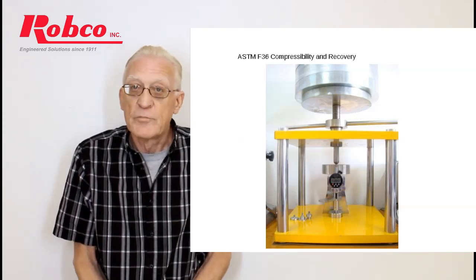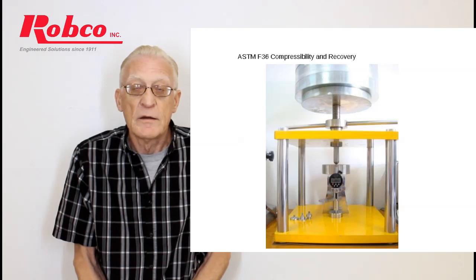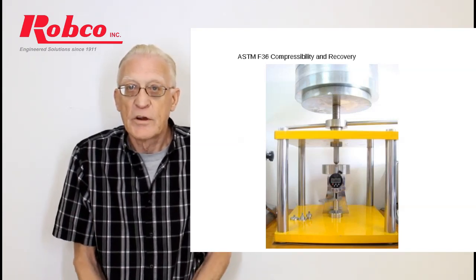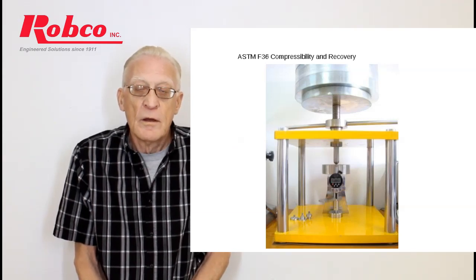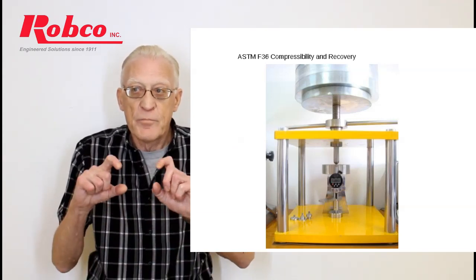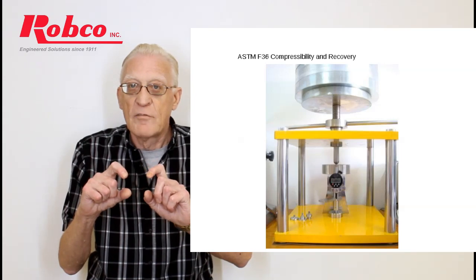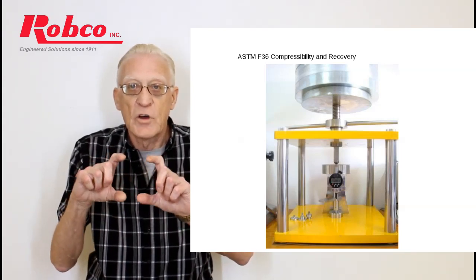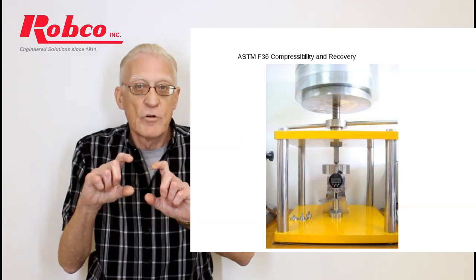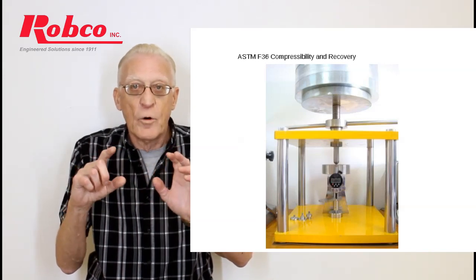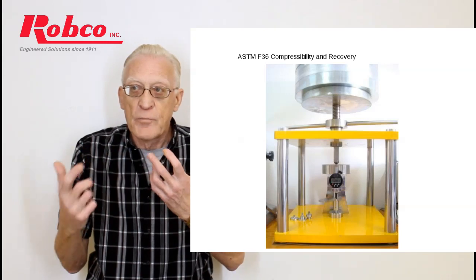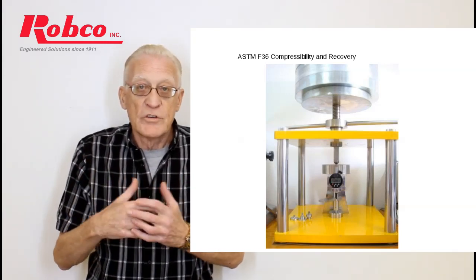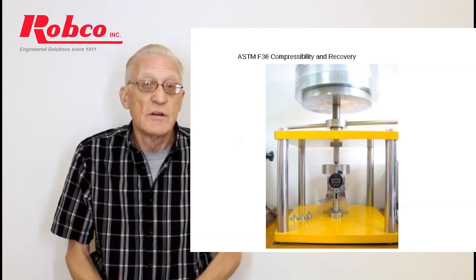Recovery is the same test. After that 1 minute, you let off the pressure and you wait another minute. The key here is that the compressibility travel or rate is what you're looking for as far as recovery, not the entire original thickness of the gasket. So say your compressibility was 10% on a 1/8 thick gasket, so it's gone down 12 thou, 13 thou.